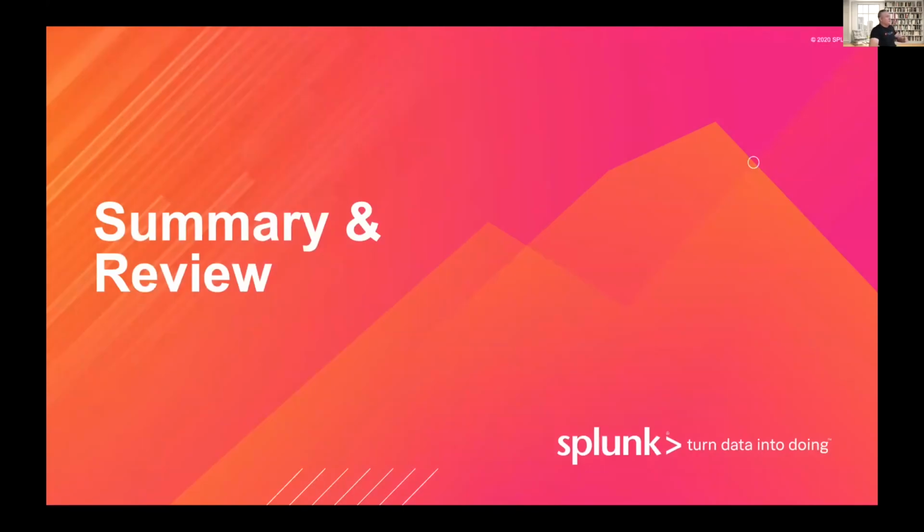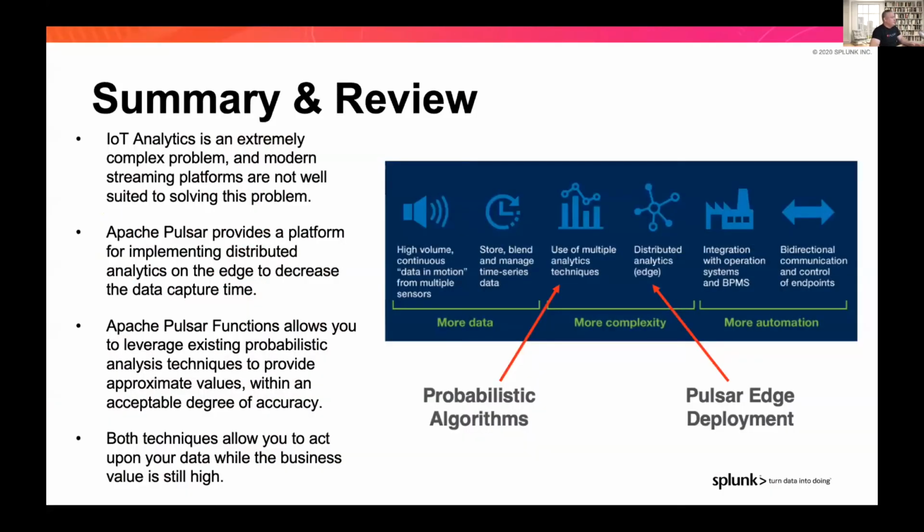So let's summarize what we've covered. I know we're getting close to the end. IoT analytics is an extremely complex problem. And Apache Pulsar provides a platform for implementing distributed analytics on the edge, right? So the solution is probabilistic algorithms, and Pulsar Edge deployment allows you to solve some of that complexity in the middle box of some of the challenges.